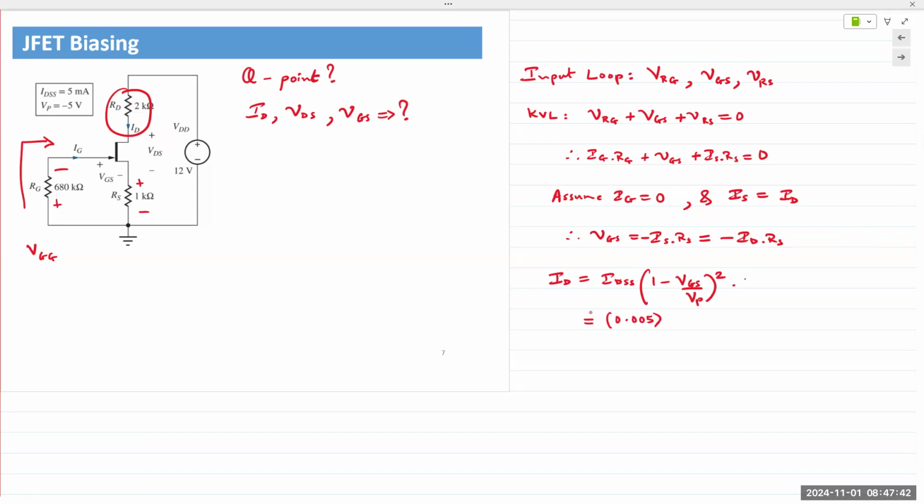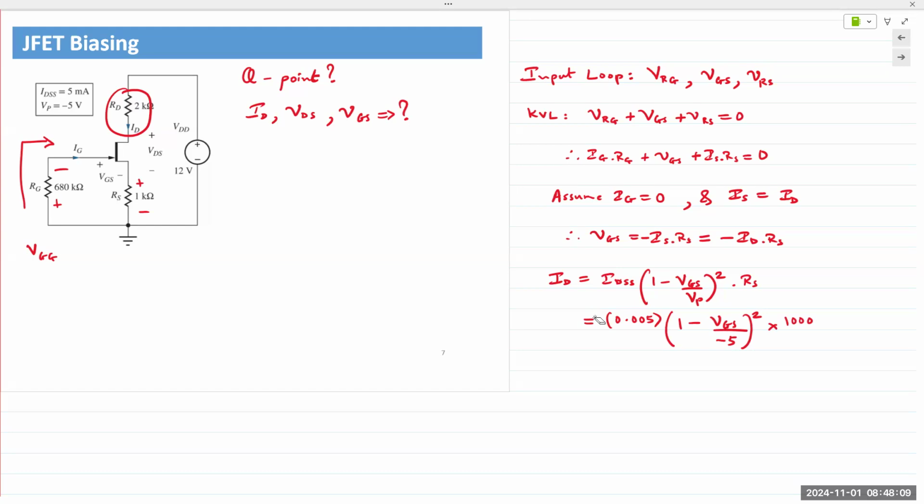Of course, RS times (1 minus VGS over VP), where VGS is unknown. We leave it as it is. VP is minus 5, squared, times RS, which is 1 kilo ohm, so 1000.